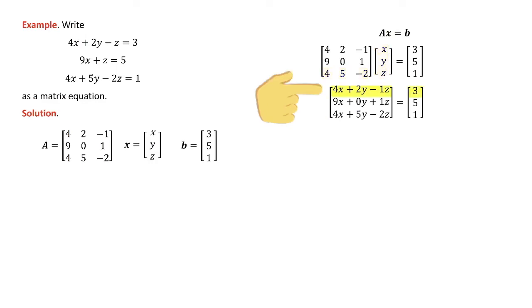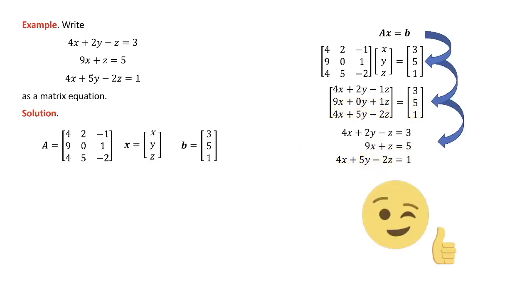So now the matrix on the left equals the one on the right, provided the top equals the top, which gives me this. The middle equals the middle, which gives me this. And the bottom gives me this. And notice that's what we started out with. So that's how I represent a system of equations in matrix form.